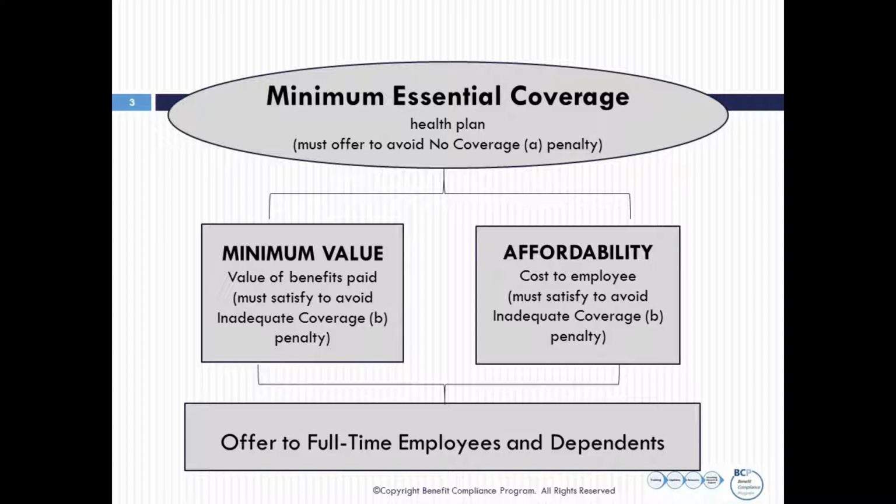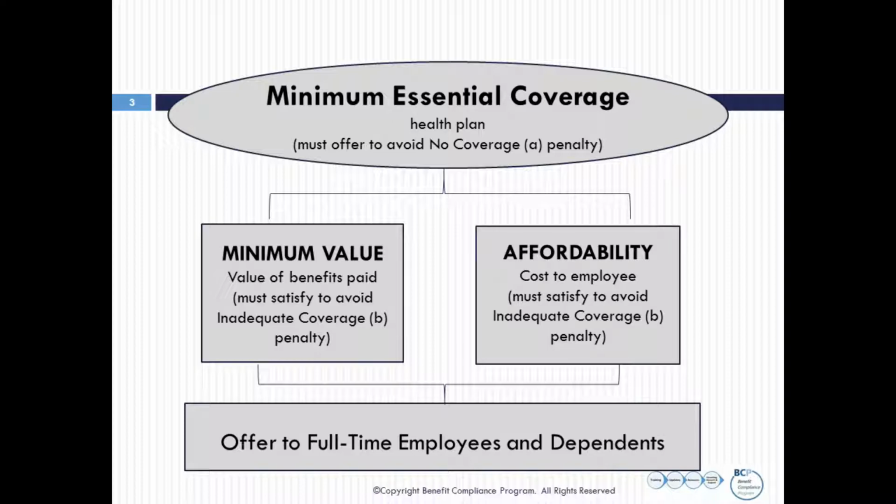Let's start by looking at how these three items fit together. At the top here, we have minimum essential coverage. This is simply your health plan. This is what you must offer to your full-time employees and their dependents in order to avoid the no coverage or subsection A penalty. Now, within that health plan, it must meet two items, the minimum value standard and the affordability standard.